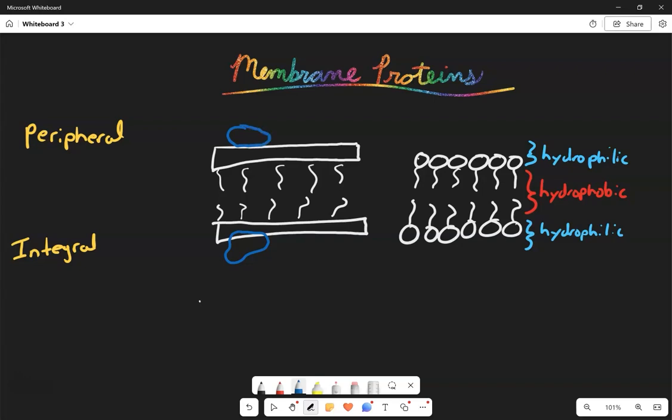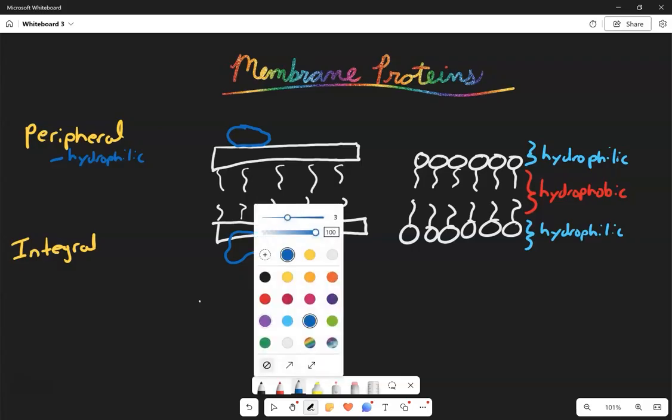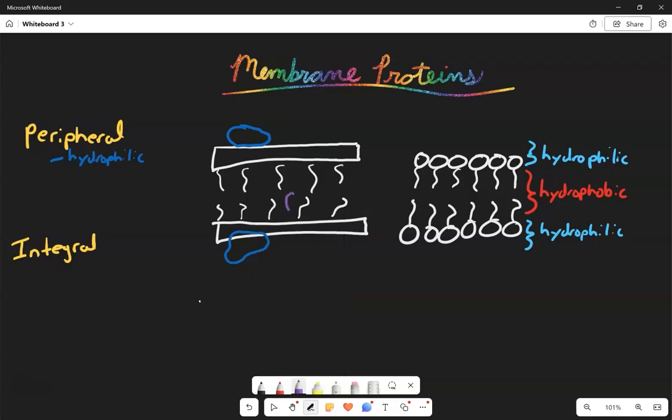So because of that, your peripheral proteins are going to be hydrophilic. Okay? They're going to stay within that hydrophilic region. Now, your integral proteins, we can have an integral protein where it sort of sits like this, right?